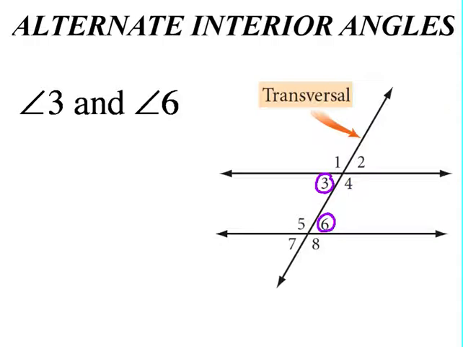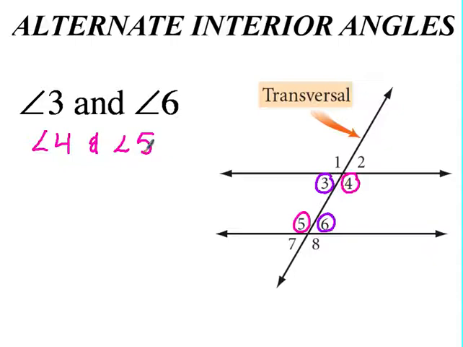Alternate: opposite, other side. Interior: inside. So another set of alternate interior angles is 4 and 5. There are no more because there are no more interior angles. Interior means on the inside of the lines.